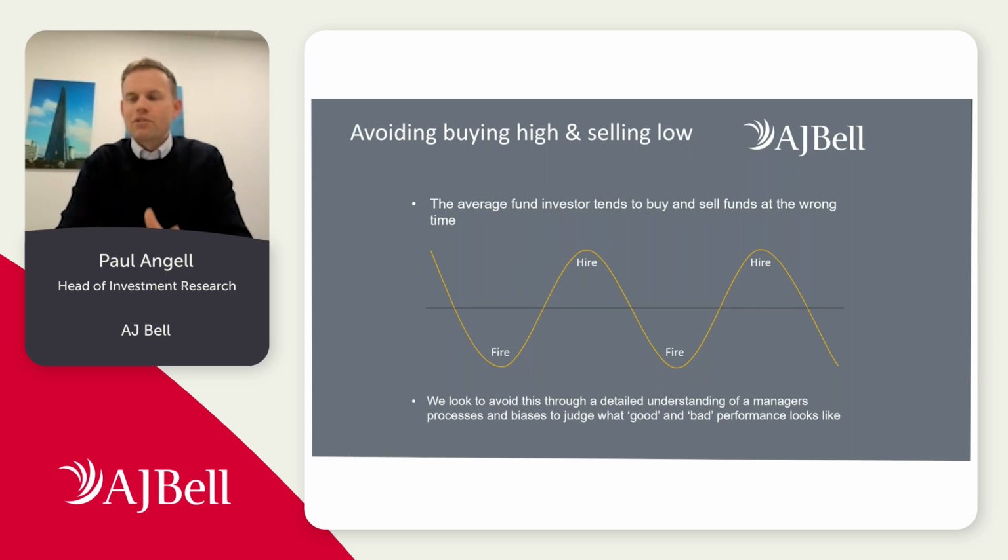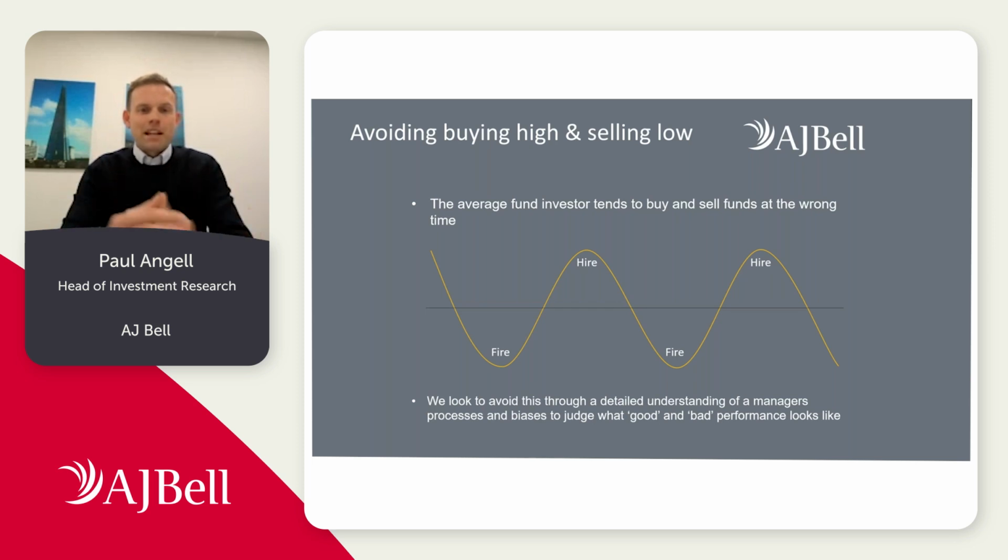Another thing to be aware of when selecting an active manager is that managers typically will have periods of underperformance relatively frequently. Whenever their style is out of favor, they will typically underperform.